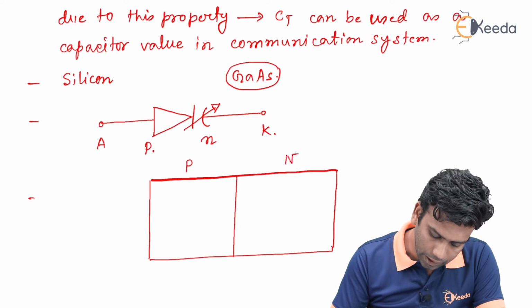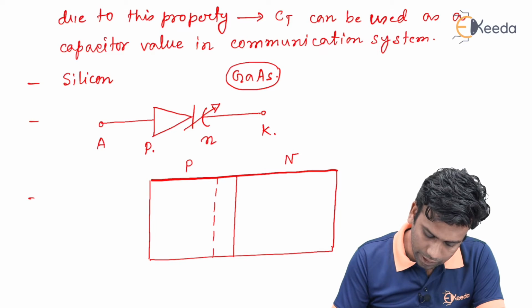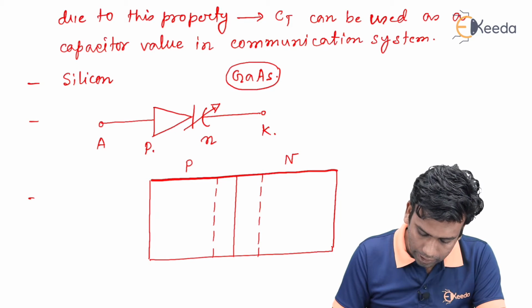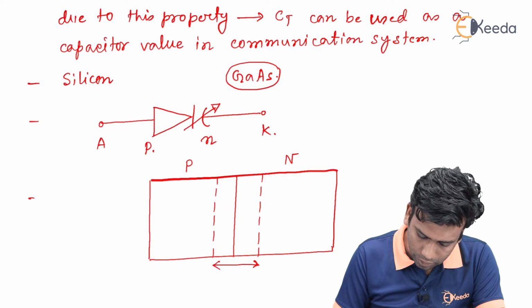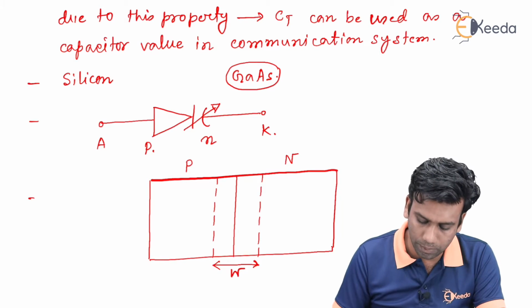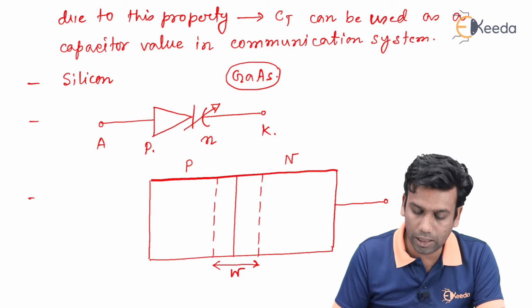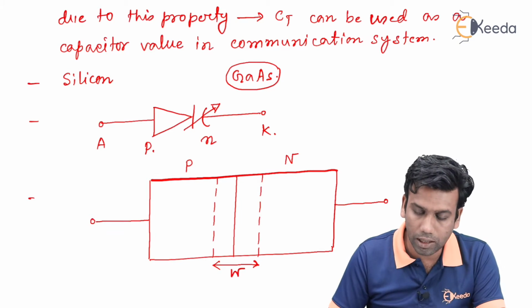So, there will be a depletion layer in the P side as well as a depletion layer in the N side, and let us denote the total width of the depletion layer as W, and there is a metal contact on the N side and there will be a metal contact on the P side.